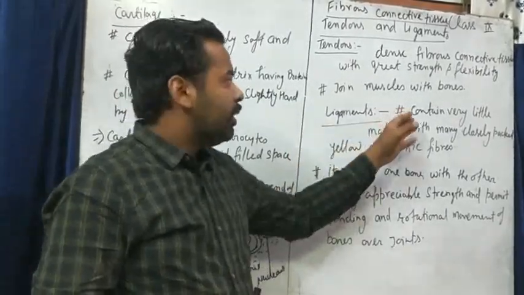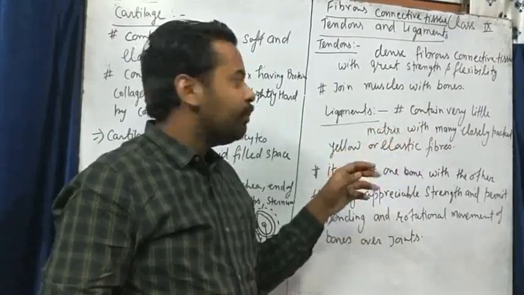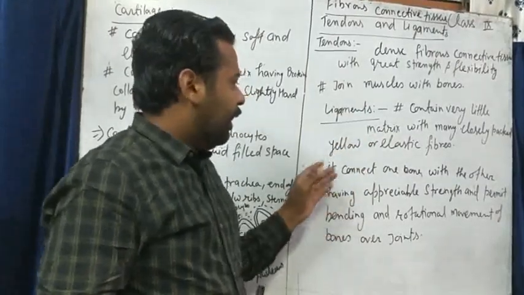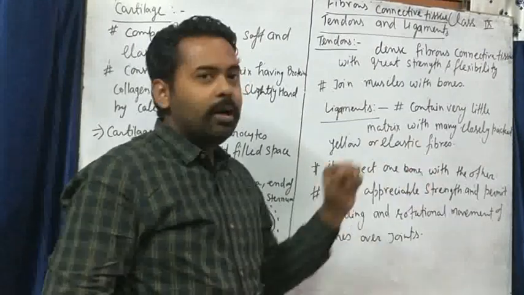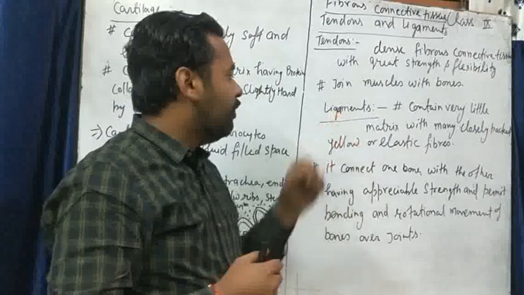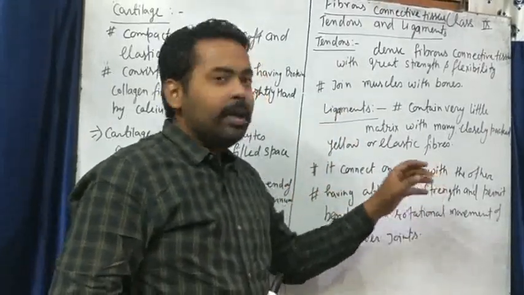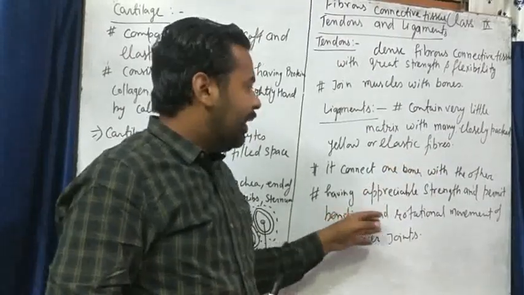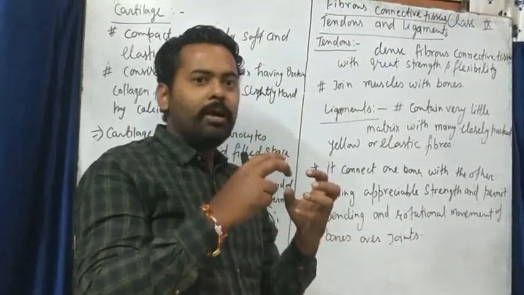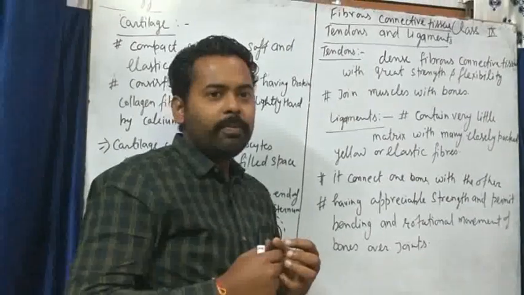Ligaments contain very little matrix with many closely packed yellow or elastic fibers. They connect one bone with another. It means one bone is attached with another bone with the help of ligament. They have appreciable strength and permit bending and rotational movement of bones over joints. It means it provides rotational movement of one bone over another bone.